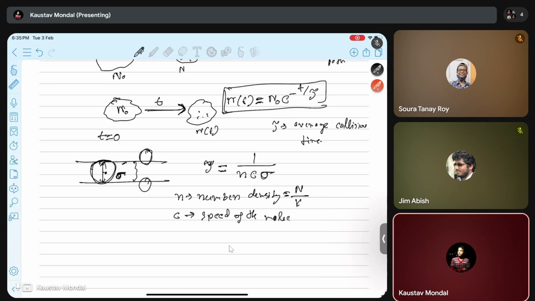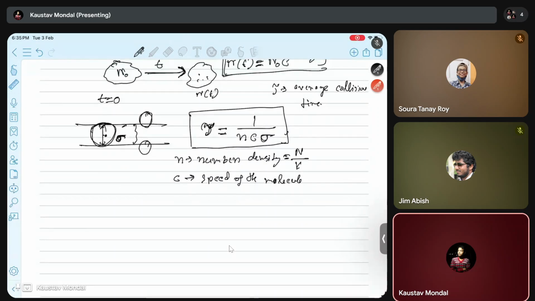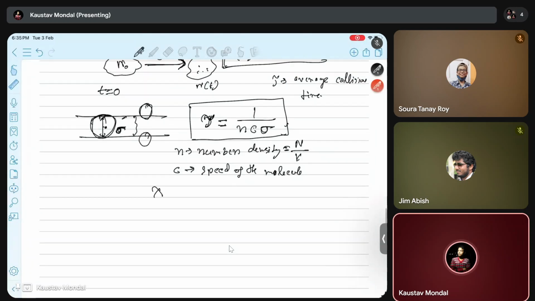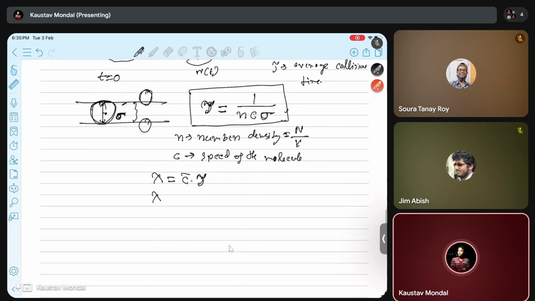This is a very important relation. And similarly, if you know tau, you can calculate lambda also. Lambda is related to tau by c bar into tau, so lambda is c bar by n sigma c.